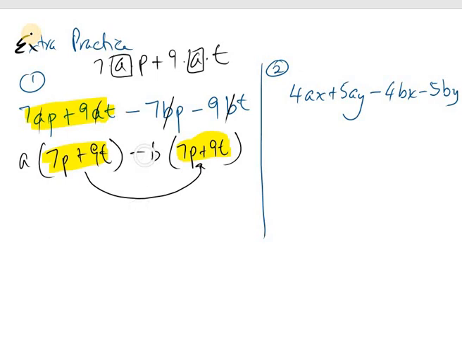Negative B times 7P: negative times positive gives you a negative, and B times 7P is 7BP, which is exactly what we have on top here, right? So negative B times 7P is negative 7BP.